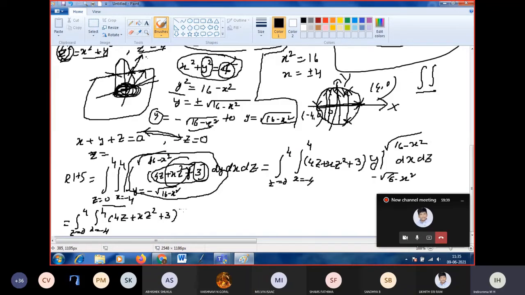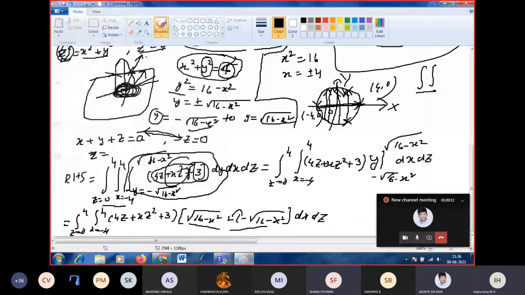Apply the upper limit: root of 16 minus x square minus minus root of 16 minus x square. Correct? Are you getting? Yes, dx dz, ma'am. So now minus into minus is plus. Root of 16 minus x square plus root of 16 minus x square is 2 into root of 16 minus x square.